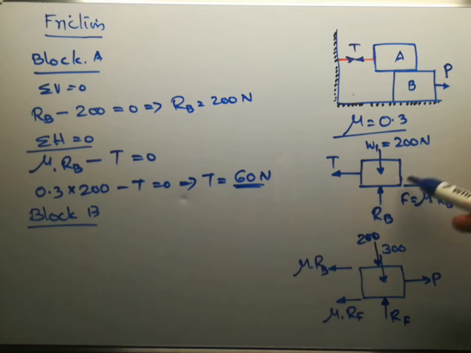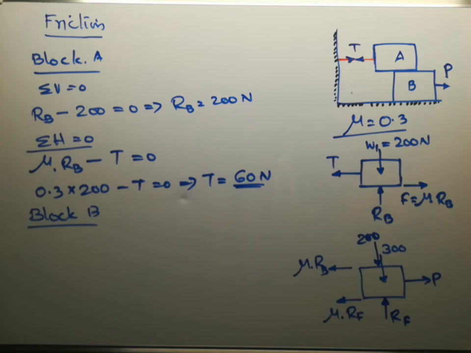The same frictional force will be acting on this block also. So it is mu into RB. So these are the forces acting on block B, which is resting on the floor below block A.